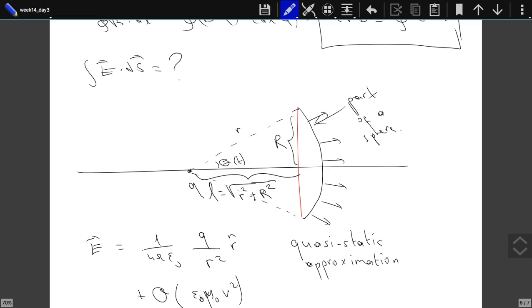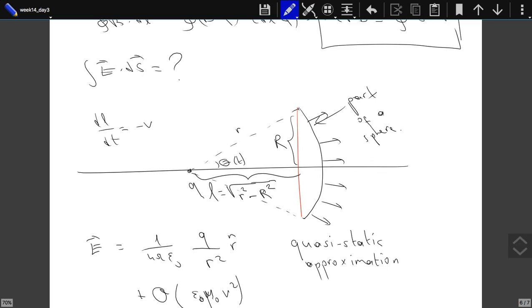Now, the reason why I keep the L rather than small r is that dL by dt is minus v. My particle is moving along the z-axis.